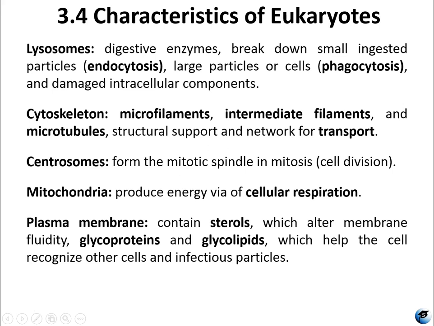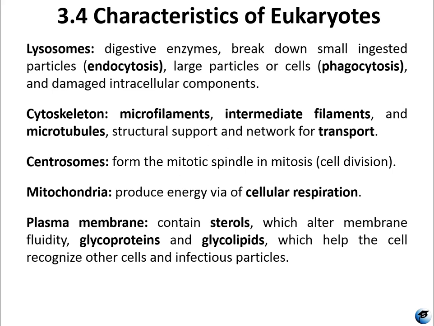And we're going to talk some more about mitosis and cell division in a later lesson, but centrosomes are things that form the spindle in mitosis when cells begin to divide. Mitochondria, you guys know mitochondria is the powerhouse of the cell. So they do the cellular respiration, the production of ATP, energy.